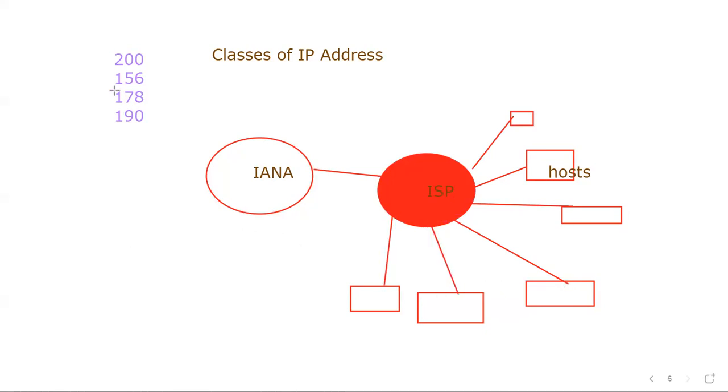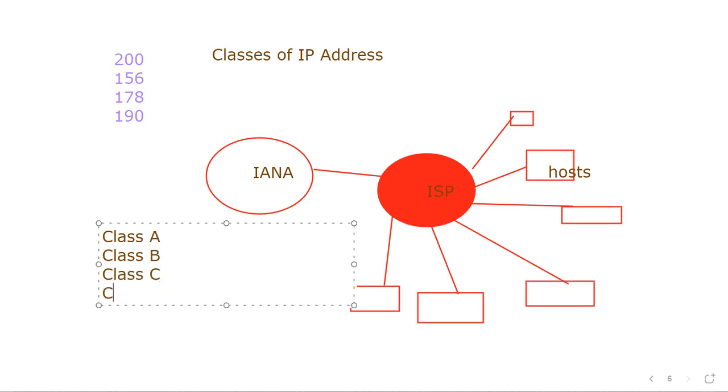So our IP address is divided into some classes: class A, class B, class C, class D, and class E.